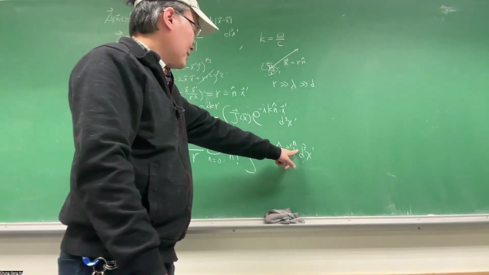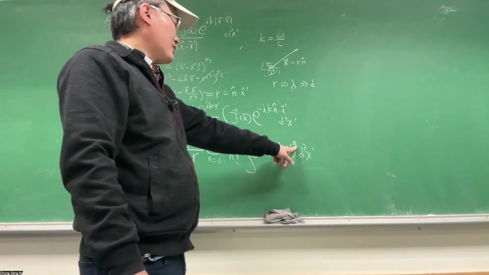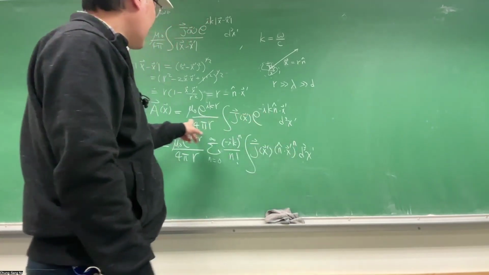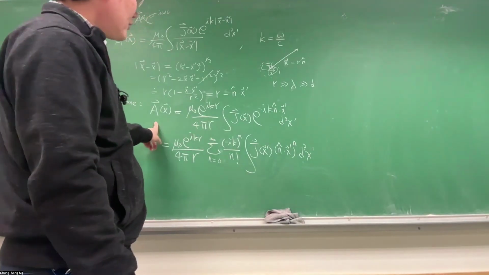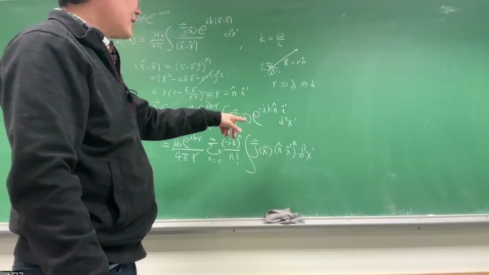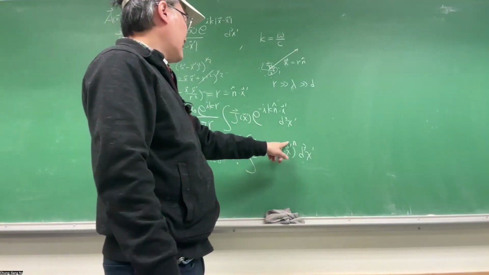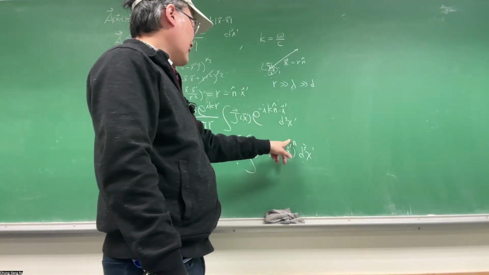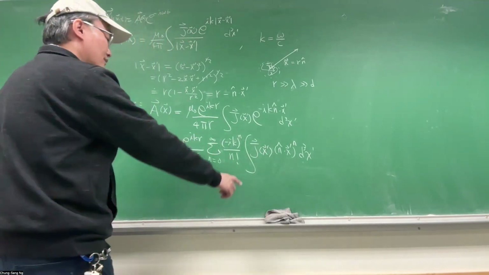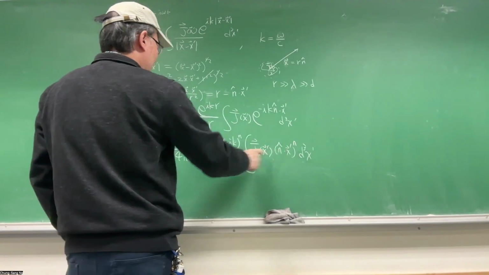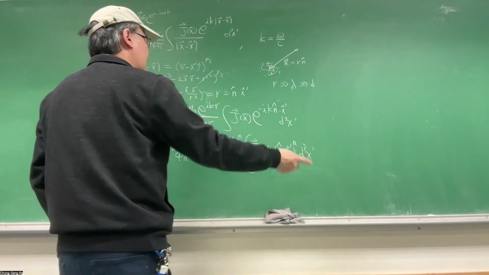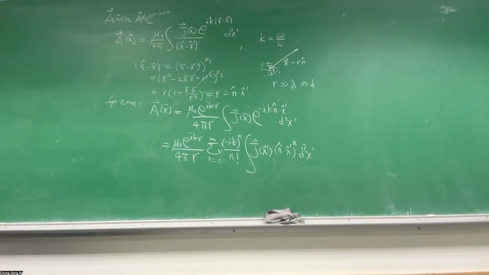It looks like n equals 0 is a monopole term, but for the magnetic field. It's related to the electric term by increasing one order, so this is like a monopole term for the magnetic field, but then going into the electric term it becomes a dipole term.